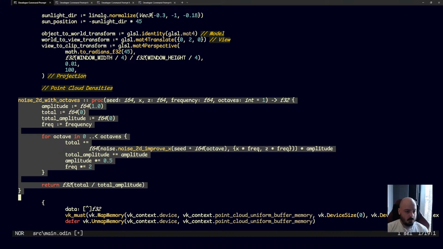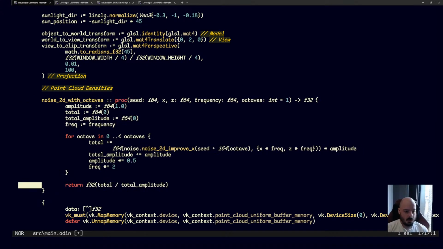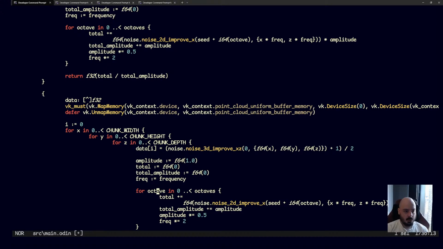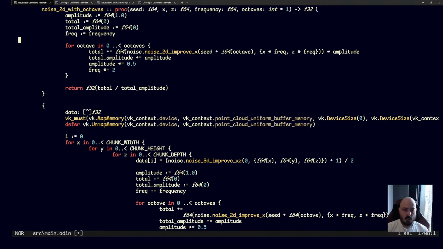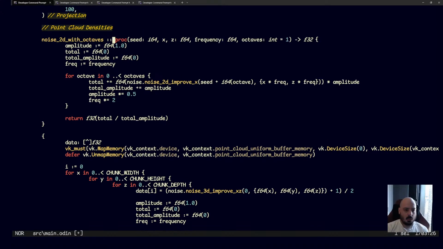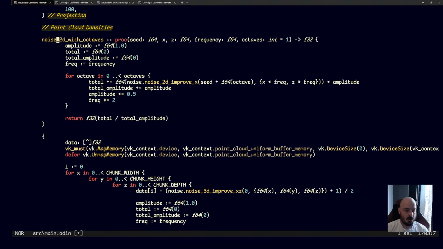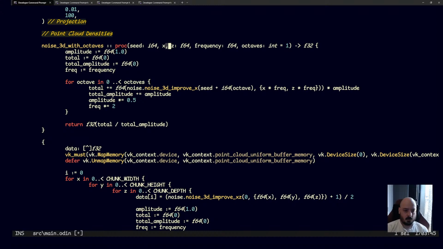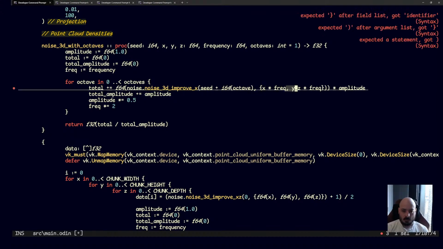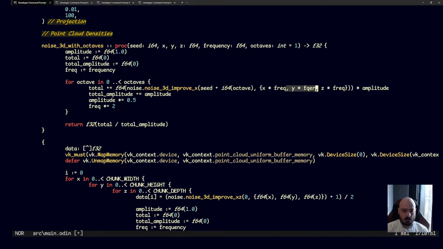So I was using the Minecraft world generation stuff, which is pretty cool. So this is going to be 3D. Whoops. Not 2D. It's going to be a little bit different. Cool.